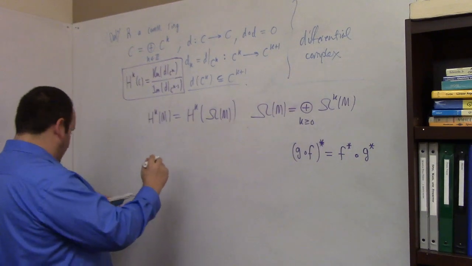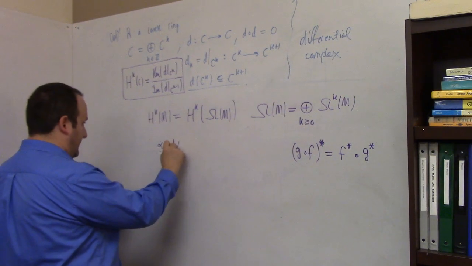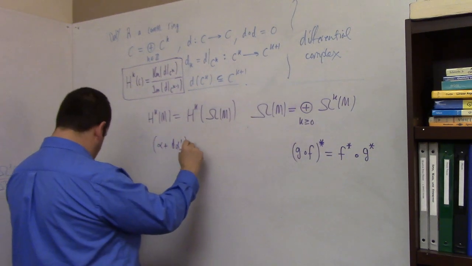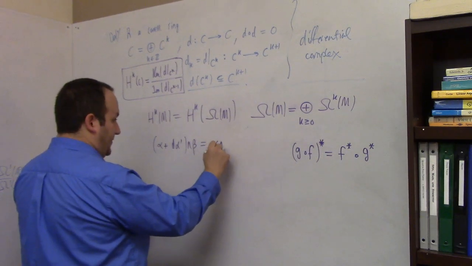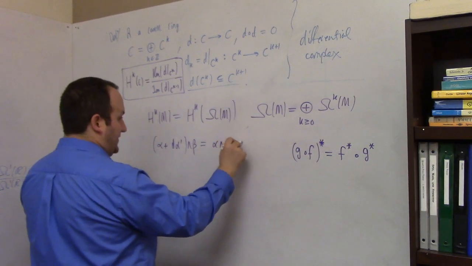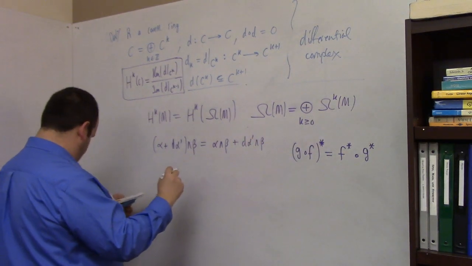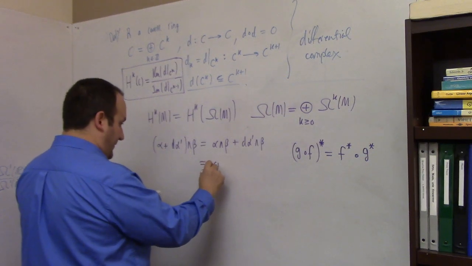So his point is, if you look at alpha plus d alpha prime, and you wedge it with beta, well, that's equal to alpha wedge beta plus d alpha prime wedge beta, right? But that is equal to, and here's a little chain rule for you.